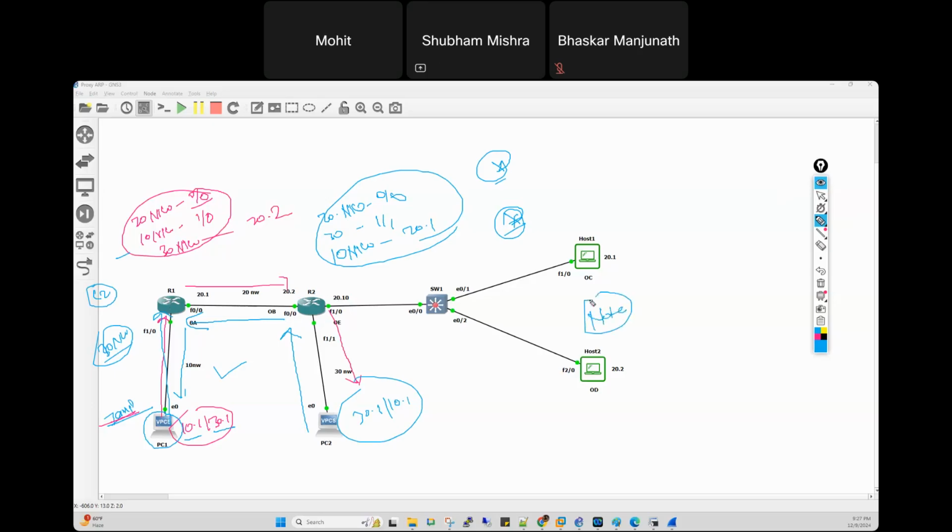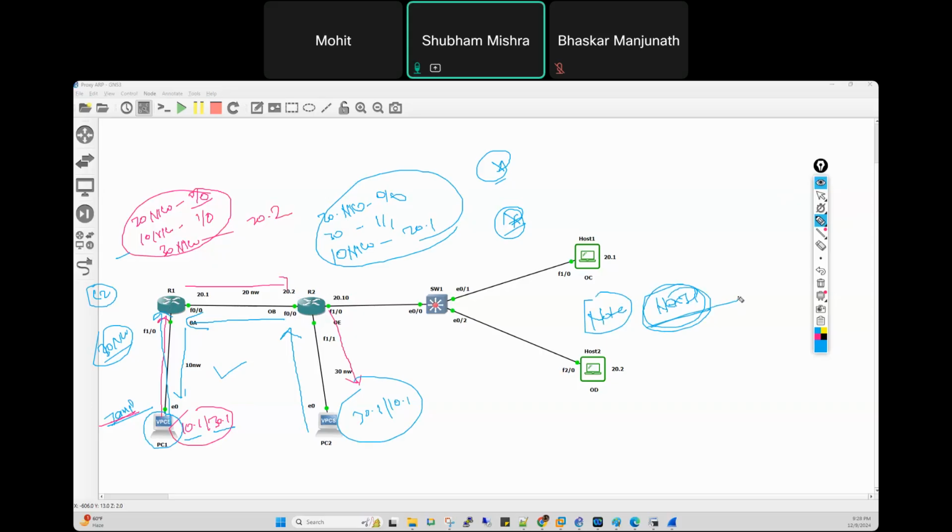Router number 1 checks. And one more thing, please, very important. मैं एक बार हिंदी बोल रहा हूँ फिर इंग्लिश बोल रहा हूँ. Router never forwards a packet on the basis of next hop IP address. Please remember this line. राउटर कभी भी नेक्स्ट हॉप को देख के पैकेट को आगे फॉरवर्ड नहीं करता, कभी नहीं करता.